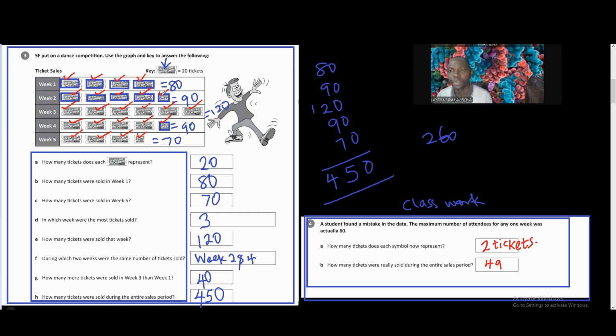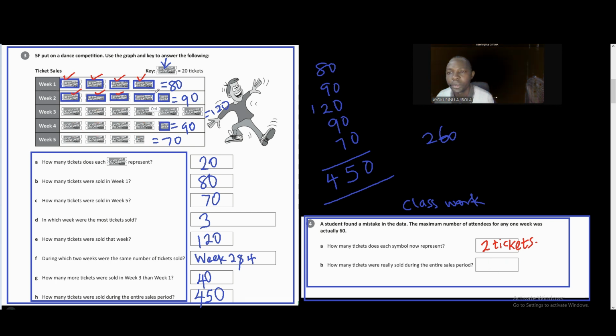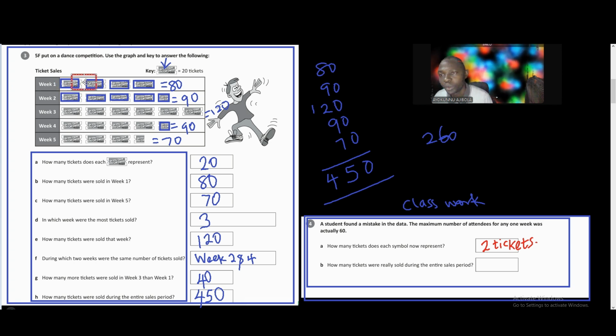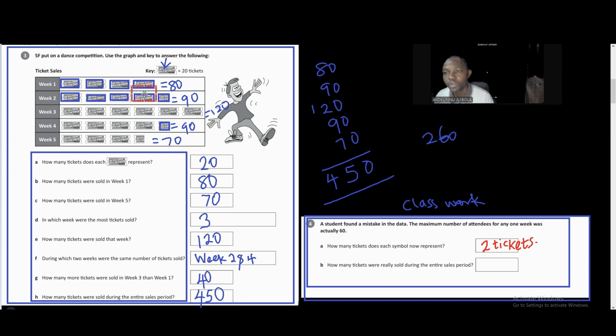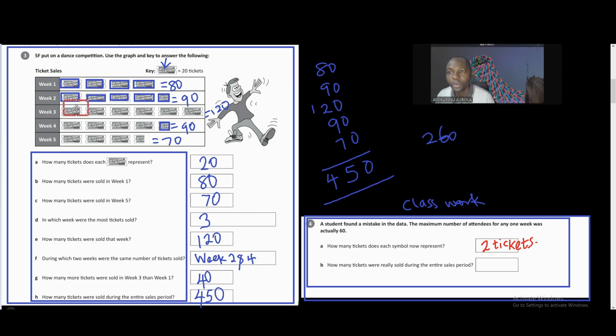My mind was telling me it should be 45 since we only removed a zero from here. Let me check. Maybe there's a mistake in that count. Count with me. This is 2, right? 4, 6, 8. If you count downward to this place, you have 4, 4, 4, 4, which is 16, and that should be 32.